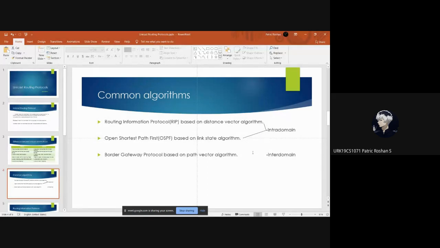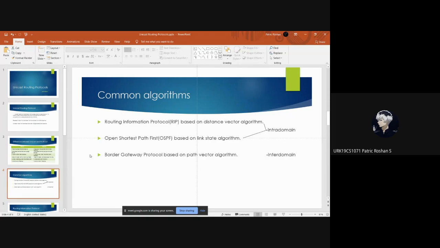In inter-domain, the data will transfer between two networks. Border Gateway Protocol comes under inter-domain. The Border Gateway Protocol is based on the path vector algorithm, where the routing protocol maintains the path information, which gets updated dynamically.